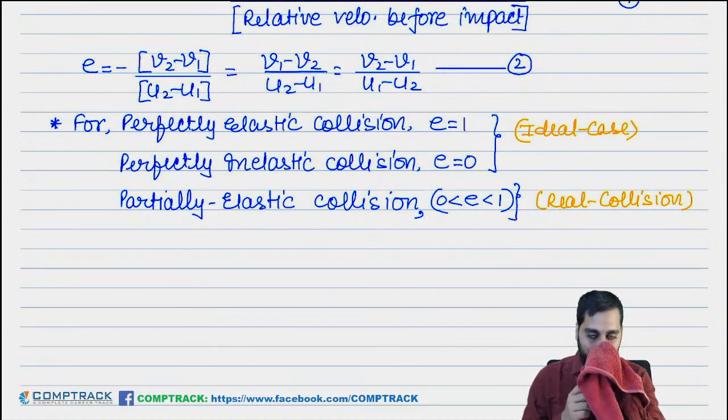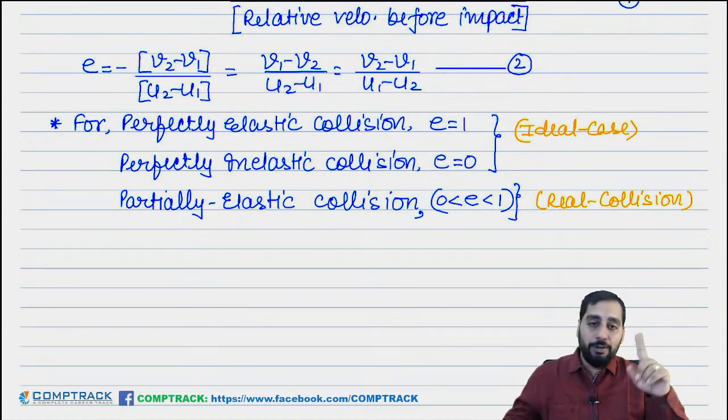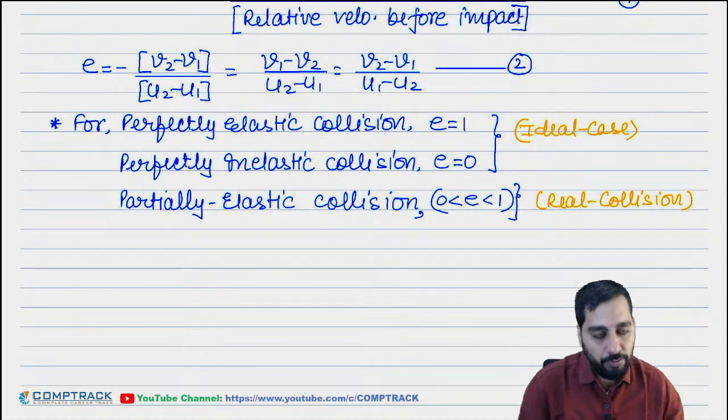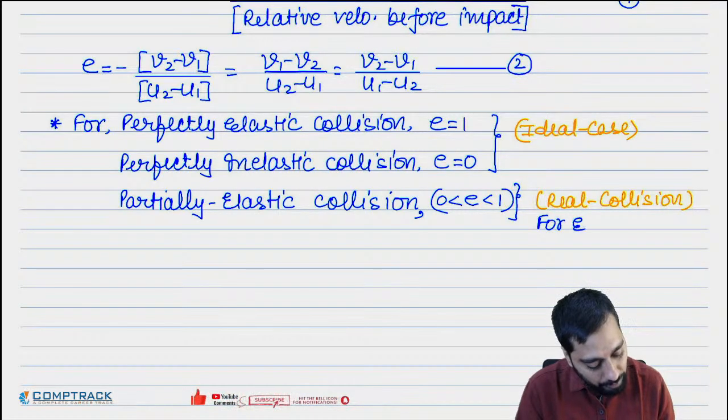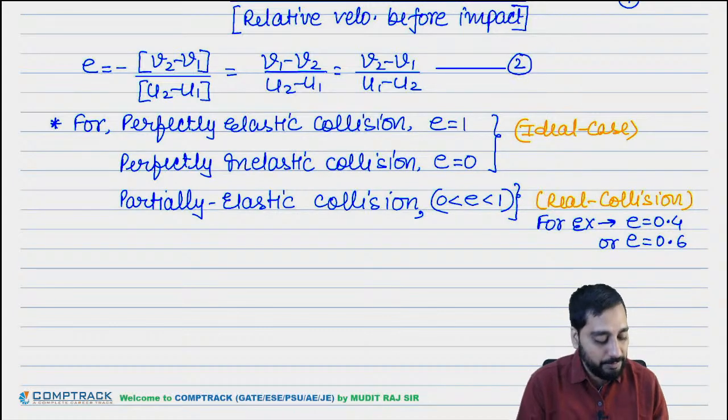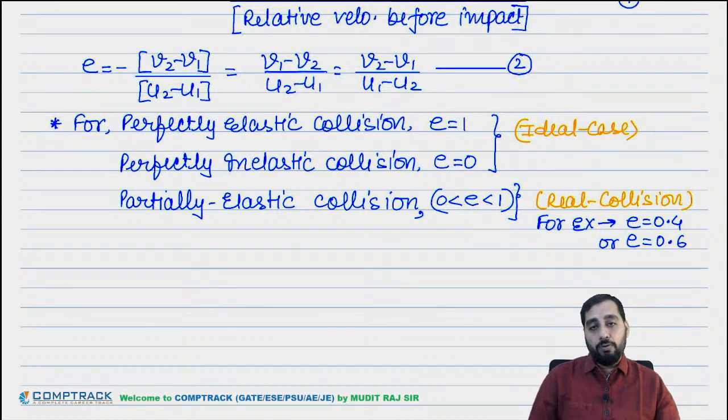They will be taken only when it is given in the question. For real collision, for example, they may give the value of e like 0.4 or 0.6, like this. So these will be the cases for real collision. Really it will vary between 0 to 1.